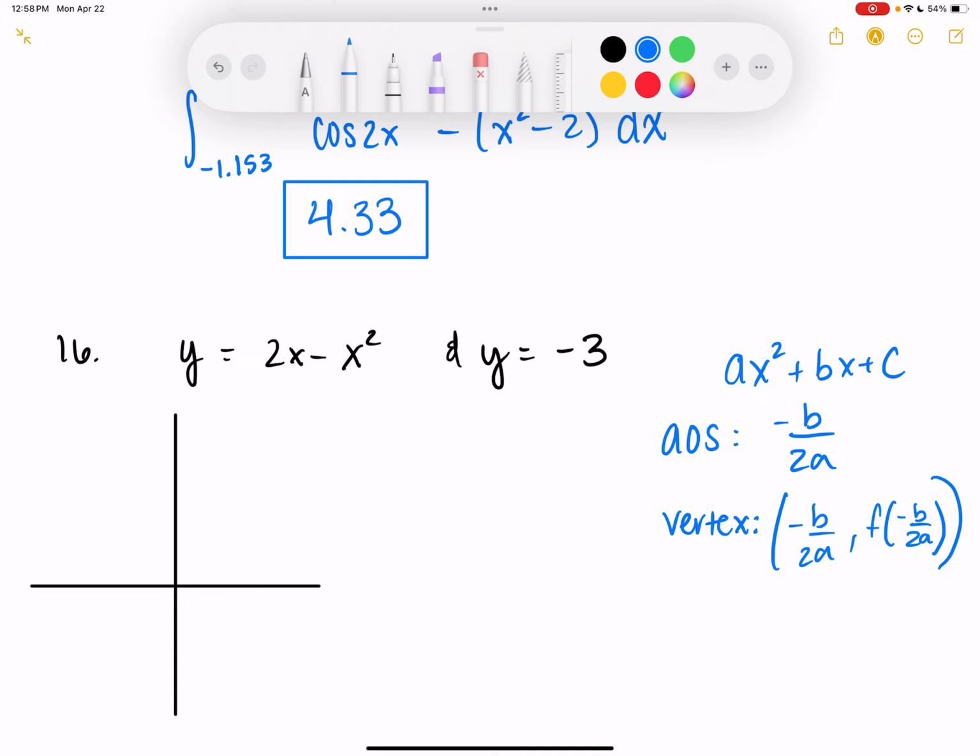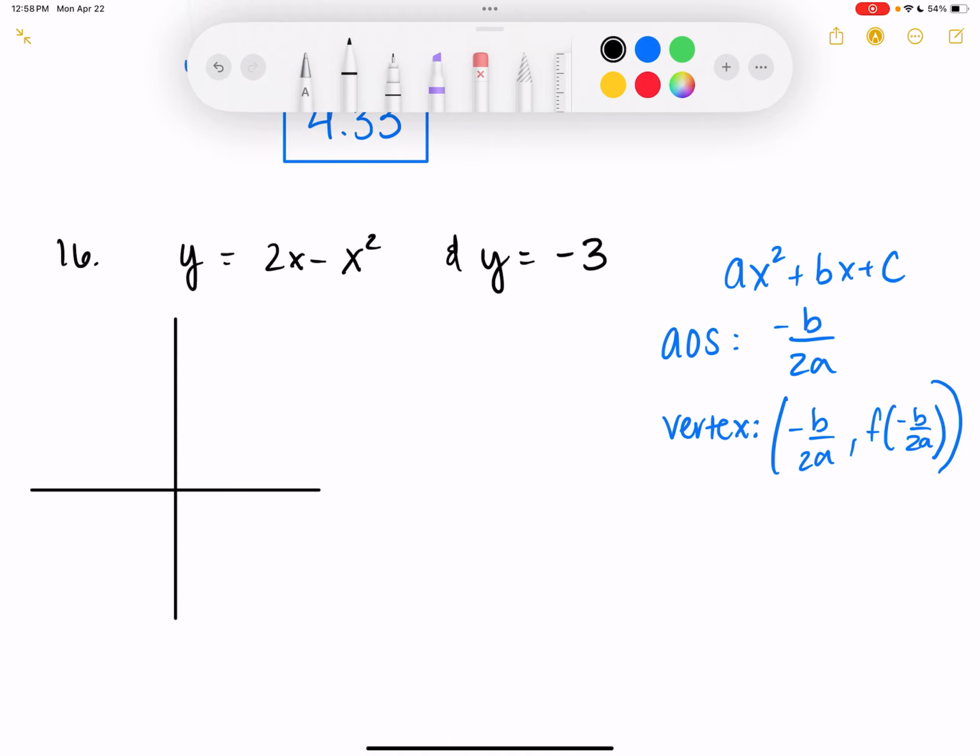Okay. So for this one, let me put some tick marks on here first. Which way does this parabola open, up or down? Down. Why? Because it's negative x squared. Okay, so this is reflected, so it's going to open down.